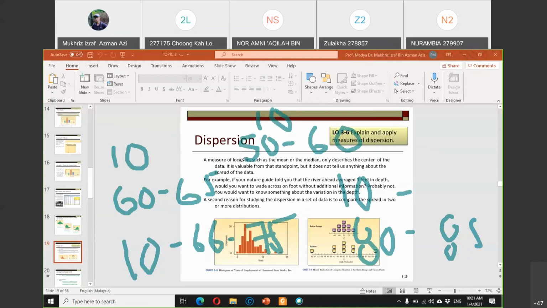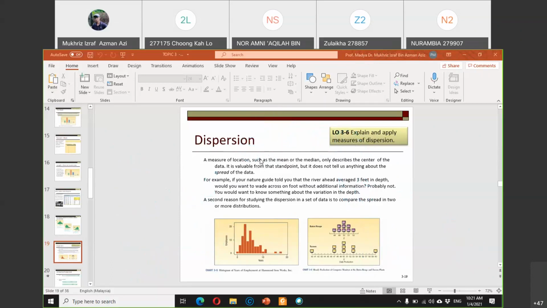So we can say that our data, the grades for this semester, is very dispersed, because some students are around B plus, some around A minus, some in the A grade group. So if this is the case, our data in terms of the grades is very dispersed.